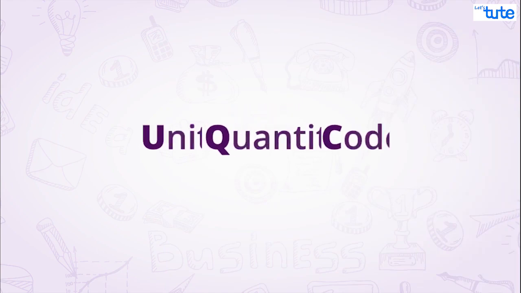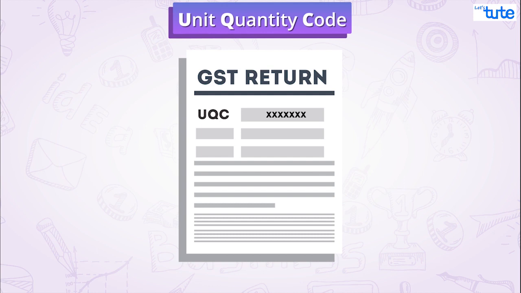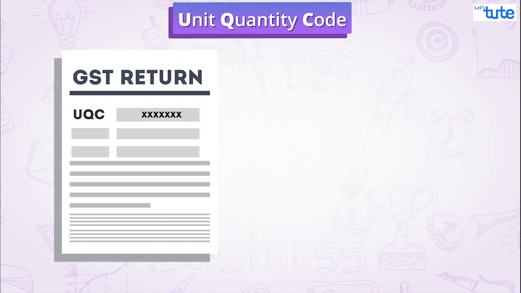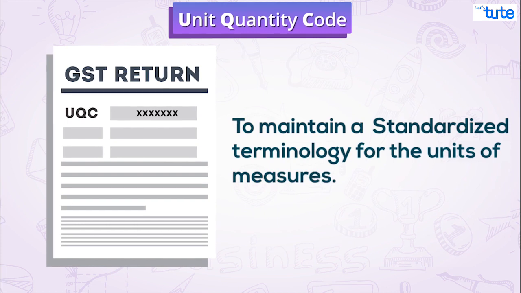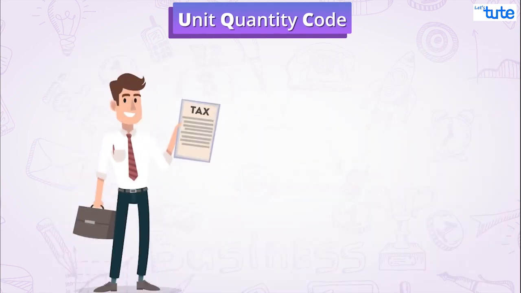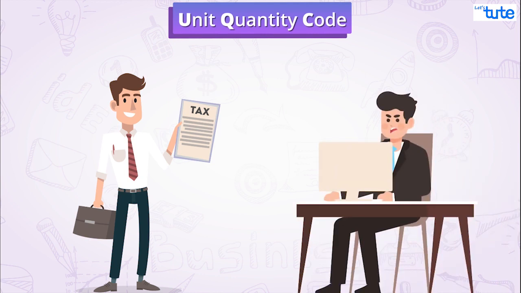Further, moving on to UQC, this stands for Unit Quantity Code. While filing the GST return by a regular dealer, details of UQC are asked. The intent of using UQC in GST is to maintain a standardized terminology for the units of measures. Since every taxpayer could use different names for the same unit, it becomes difficult for the department to track.